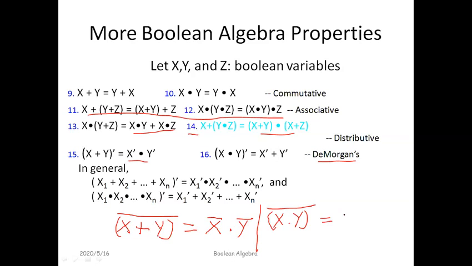So we have x plus y. Then this long bar that is appearing above these two variables will be broken. So we'll have a bar on x and a bar on y. This is what is happening on property number 16.